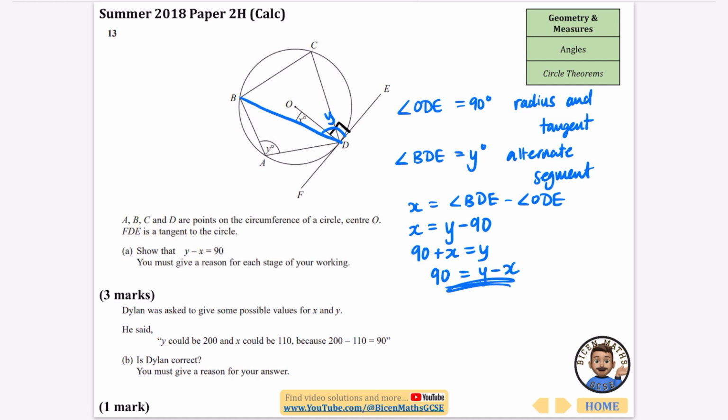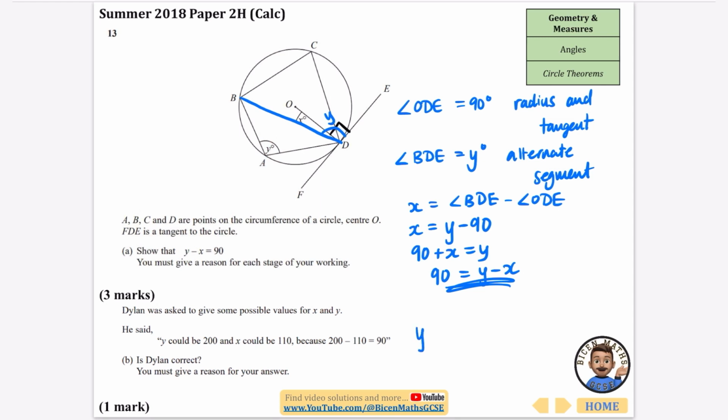Dylan was asked to give some possible values for x and y, and he said, well, y could be 200 and x could be 110, because 200 minus 110 is 90. Well, he's correct in the sense that 200 minus 110 is 90, but we need to look at the diagram. Is it possible that y could be 200 degrees?